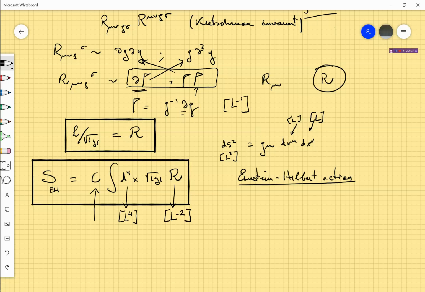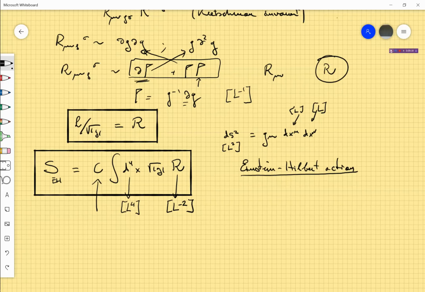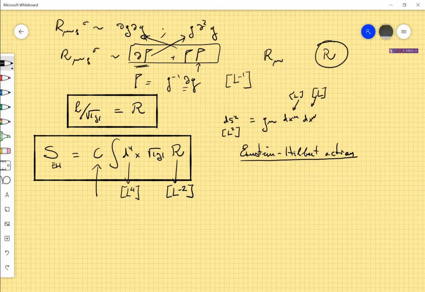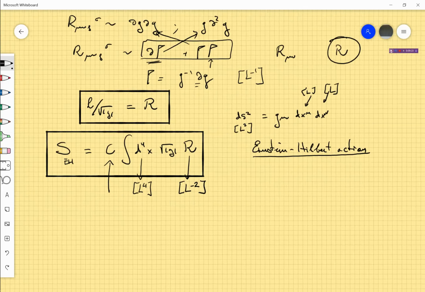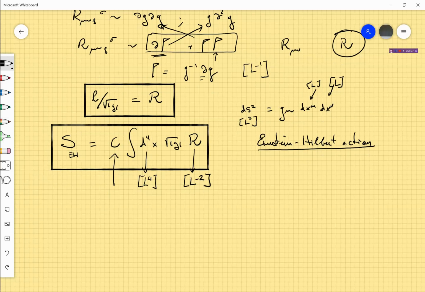This implies that, what should be the dimensions of the action? Well, this has dimensions of action. Remember that these are the same dimensions of angular momentum, and in fact the same dimensions as the Planck constant.